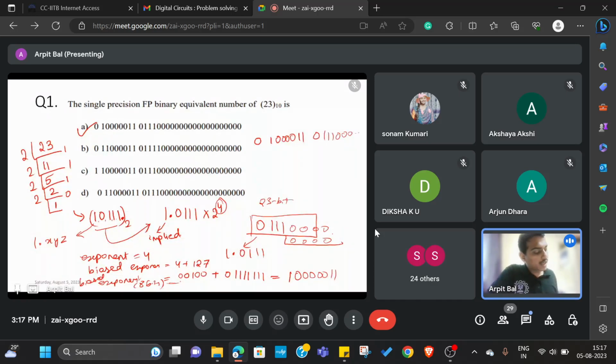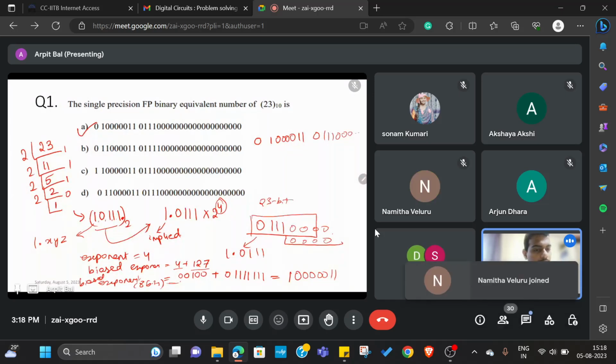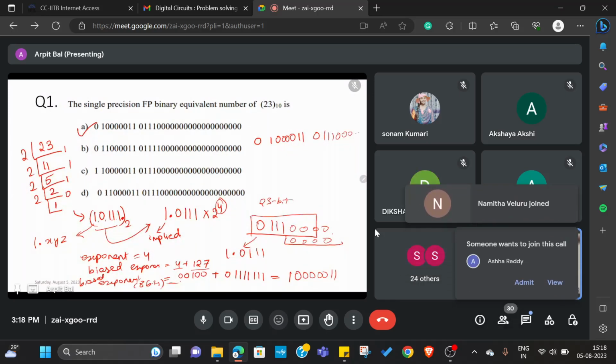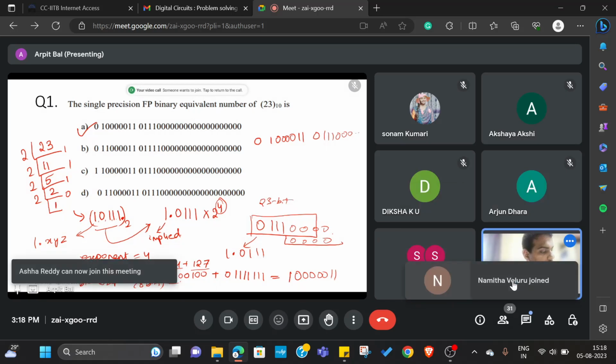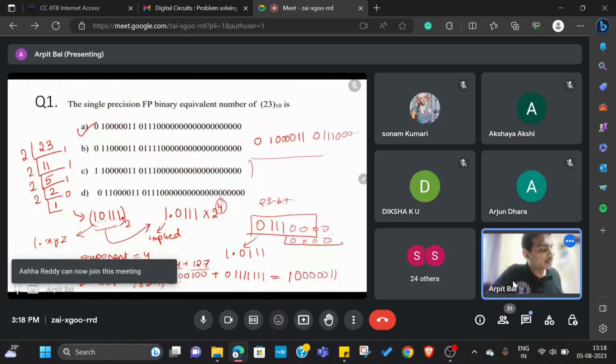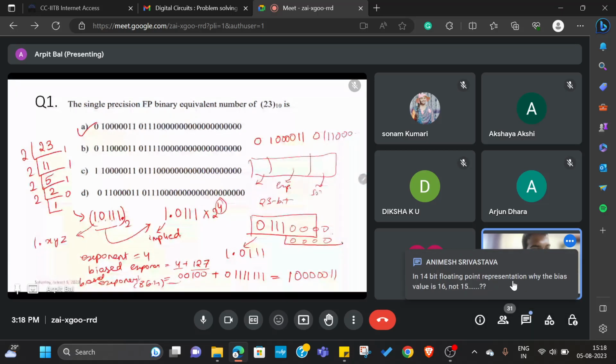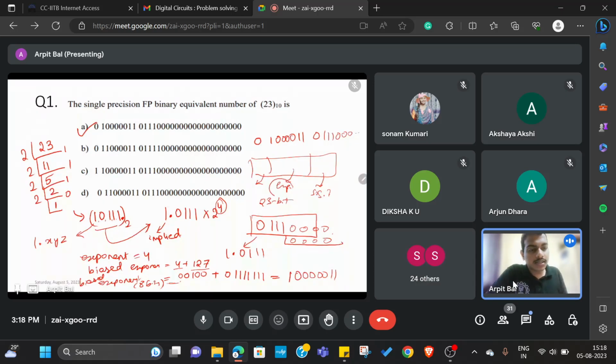So I added 4 plus 127 to get the biased exponent, because in this particular field, among sign, exponent and significand, the exponent field actually represents the biased exponent. So we need to add 127 to it to make it the biased exponent form. Okay, is this point clear?